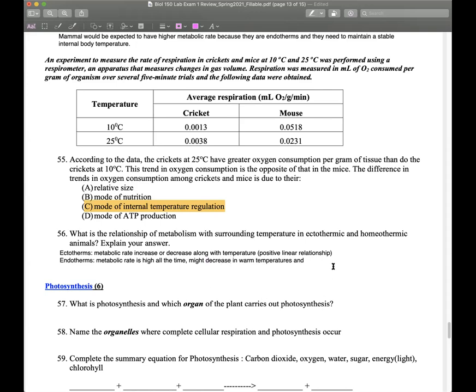It might slightly increase if we're out in the cold for a long time. So there is a negative linear relationship, but with less deviations. So yeah, we'll say it's a negative linear relationship, but there's less deviations.